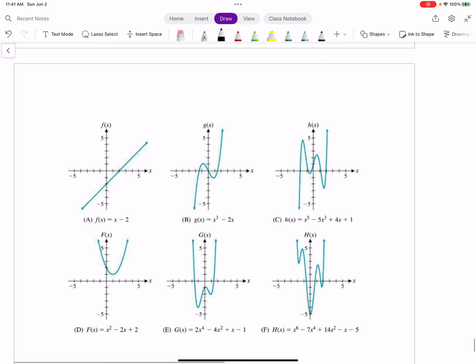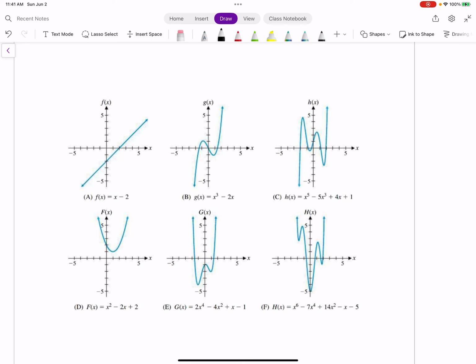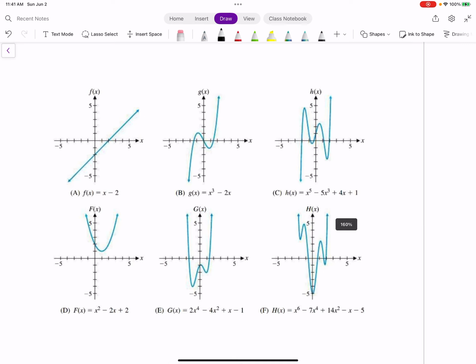Now, what does the graph of a polynomial look like? Look at these different examples of polynomials. For example, the first one is a linear function. You can see that it's a straight line, and the degree is 1. The second one is x cubed minus 2x, which is a degree 3 polynomial. This one is x to the 5th, the degree is equal to 5.